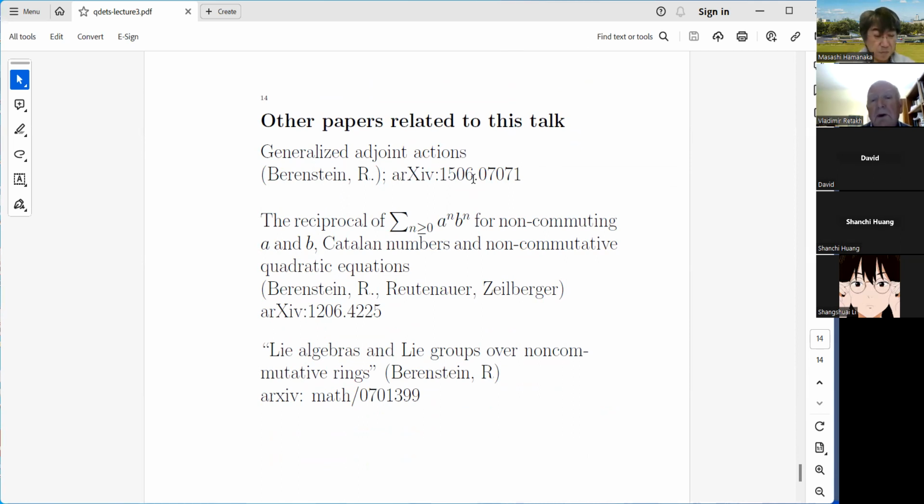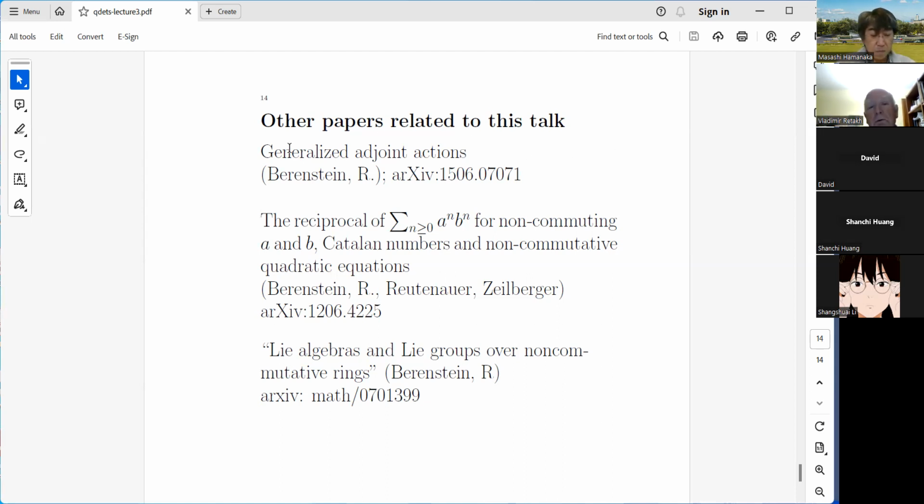And then you can do the same in the non-commutative case, and basically you will have expressions with a lot of commutators.